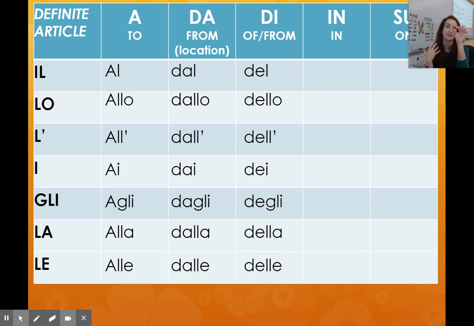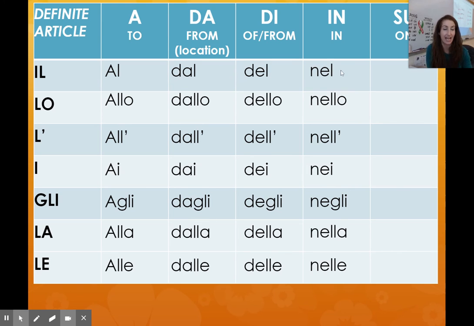Again, it changes from di to de when it's combined con l'articolo. In also changes. It doesn't become inil or inlo. It becomes nel, nello, nell'apostrofo, nei, negli, nella, nelle.